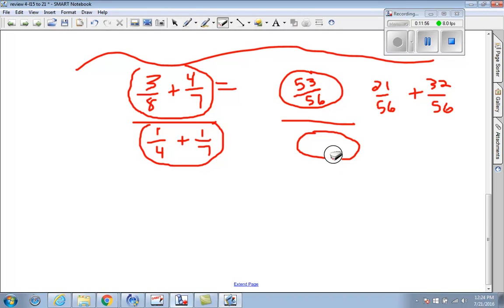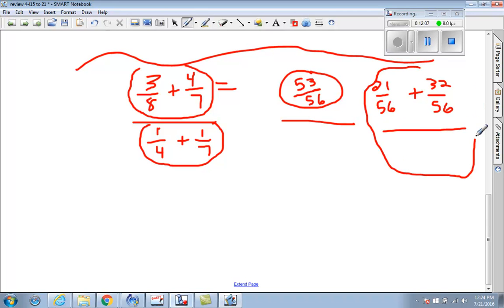And then in the denominator, just kind of thinking that through with you, in the denominator, 1/4 and 1/7, well, let me just kind of block that off. The LCD would be 28. So I'd have 7/28 plus 4/28, which is 11/28.